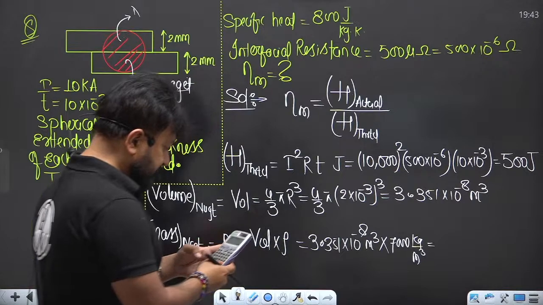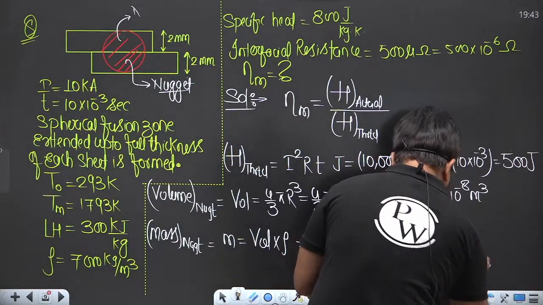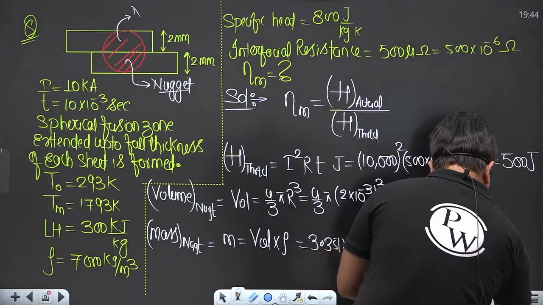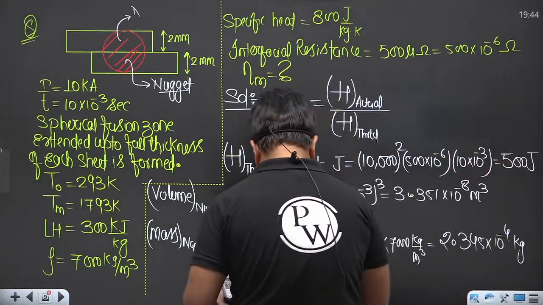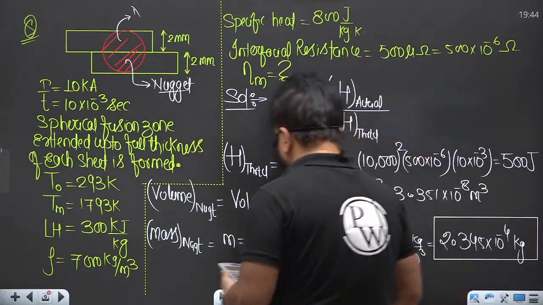Let me see. It will be 2.345 into 10 to the power minus 4 kg, right? Now you have the mass of the nugget.